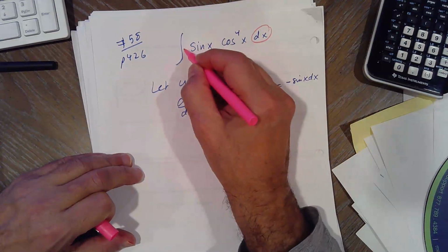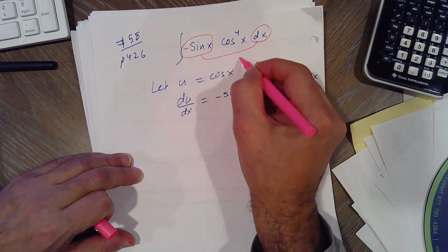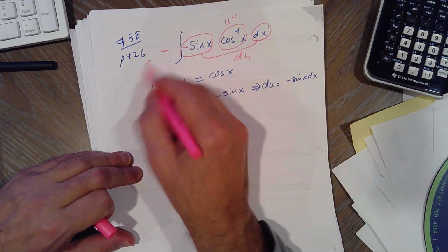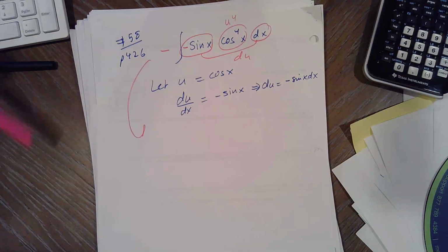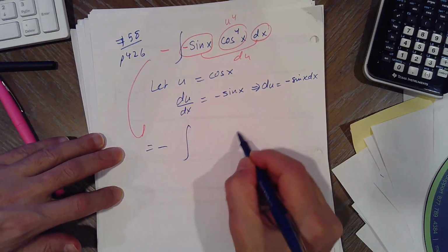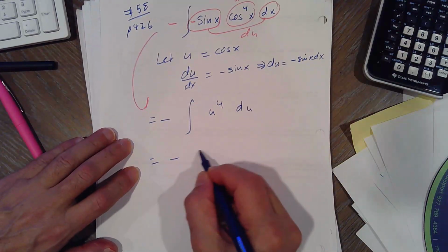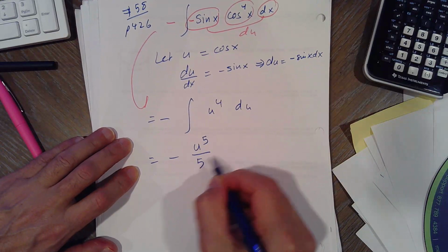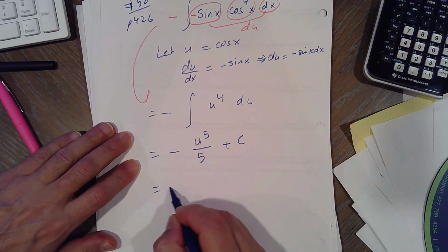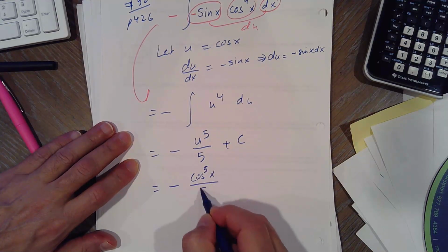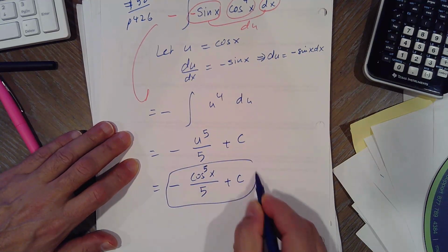So we need a negative here, that's du, and this is u to the 4. So we get negative integral of u to the 4 du, so negative u to the 5 over 5 plus c. No limits to plug in. So negative cosine to the 5 of x over 5 plus c.